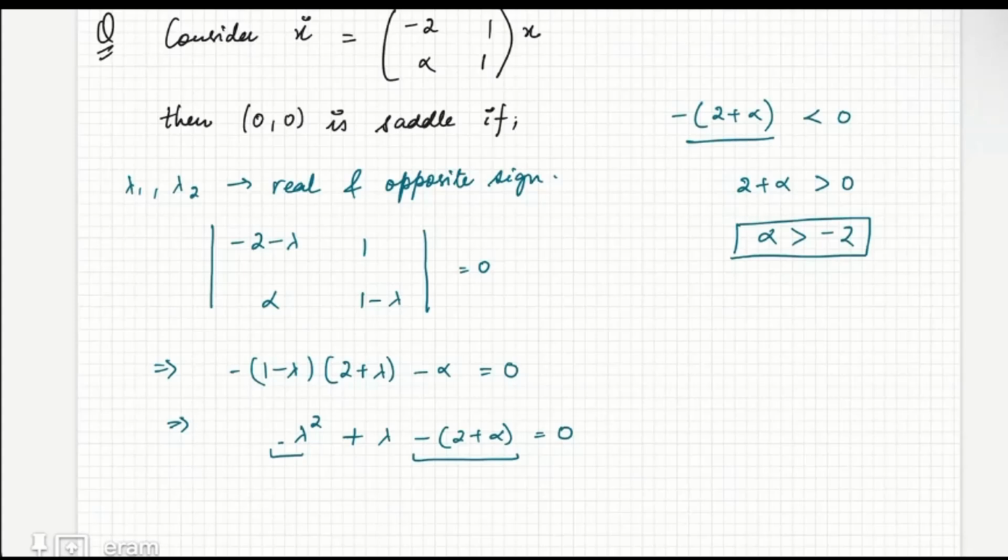And then what can we comment on the stability of the system? If we have a saddle equilibrium point, will the solution be stable or unstable?